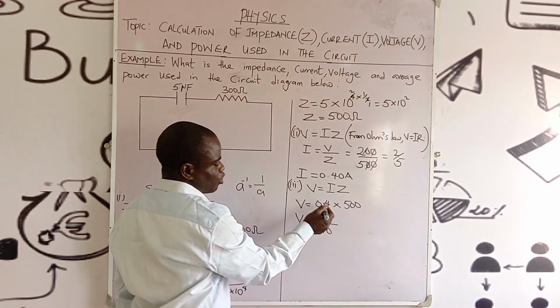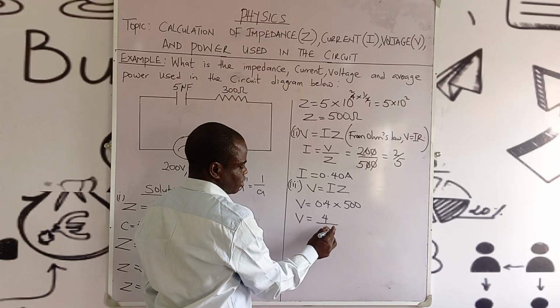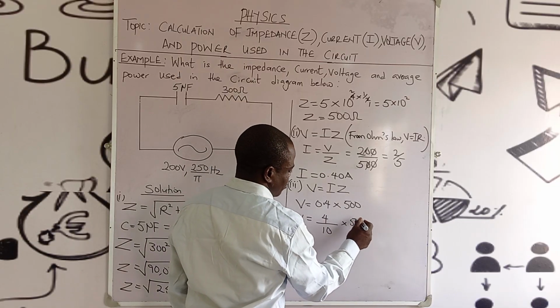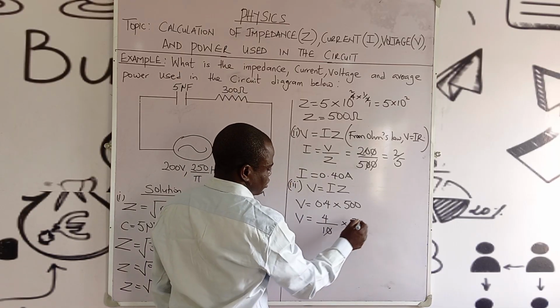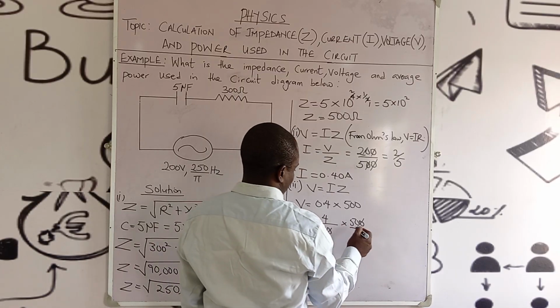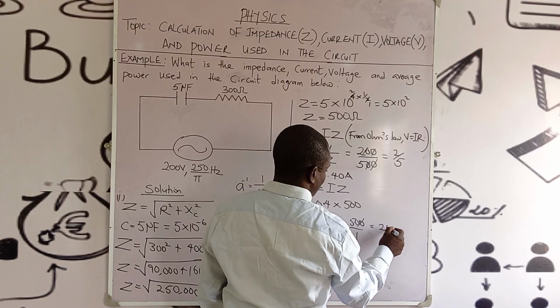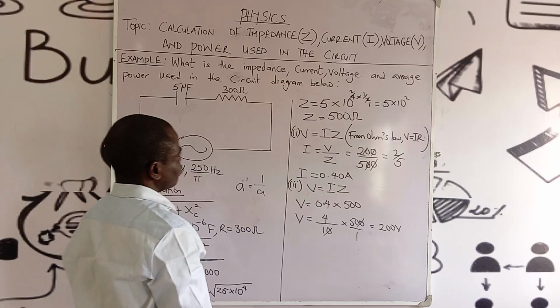You can see here you have one number after the decimal. That's why I take it as 1 zero times 500. 0 comes to 0. 5 times 4, 4 times 50, that's 200 volts.